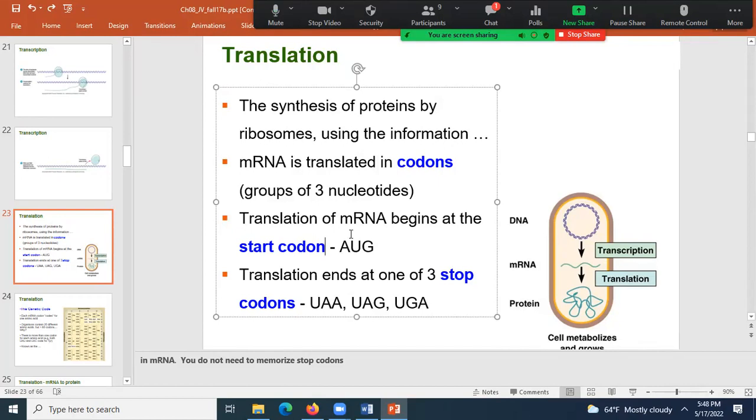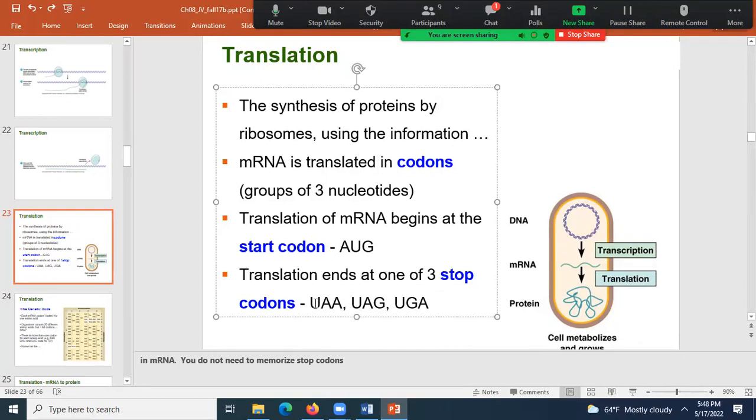The ribosome moves down the messenger RNA, adding on more amino acids for each codon until the ribosome reaches the stop codon, and there are 3 of them.